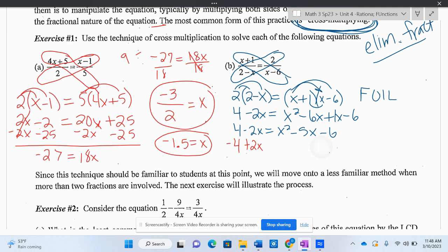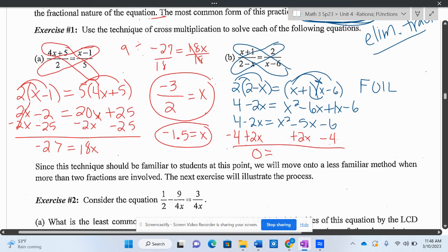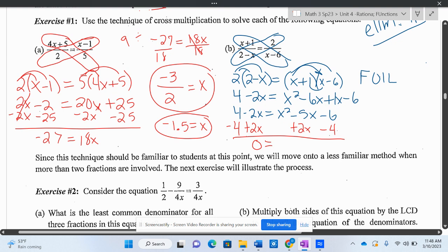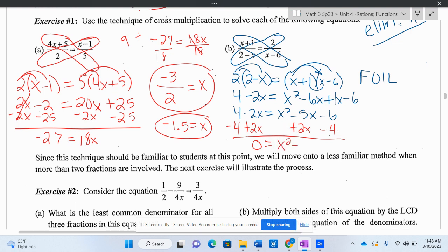So I'm going to line up my constant, minus 4, under my minus 6, and my plus 2x below my negative 5x. 4 minus 4 is 0, negative 2x and a positive 2x give me 0. So I have 0 on the left side. And on the right side, I have x squared minus 3x minus 10.